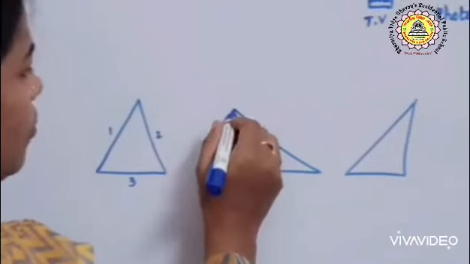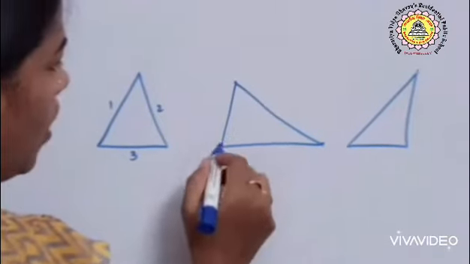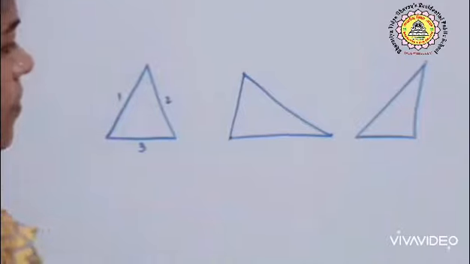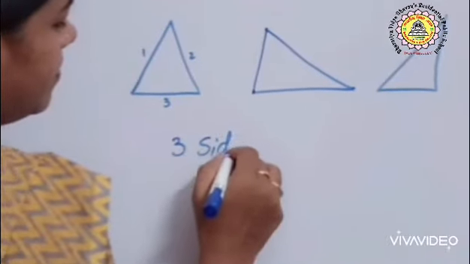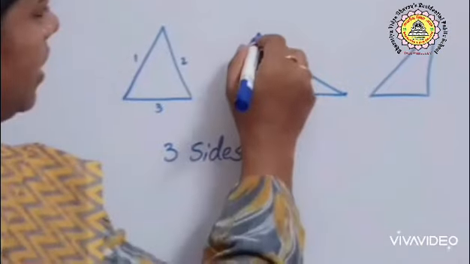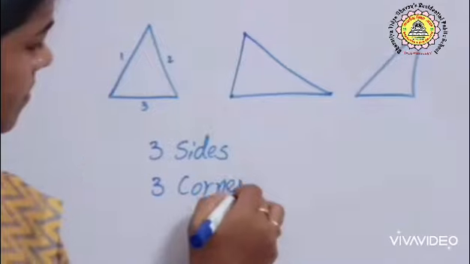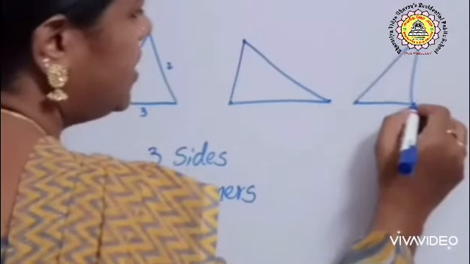So, we call it a triangle. See here, children, 1, 2, 3. Three sides also, children. 3 sides. And 3 corners. 1, 2 and 3.